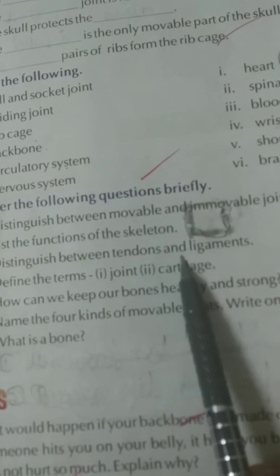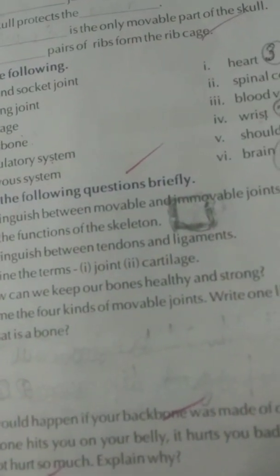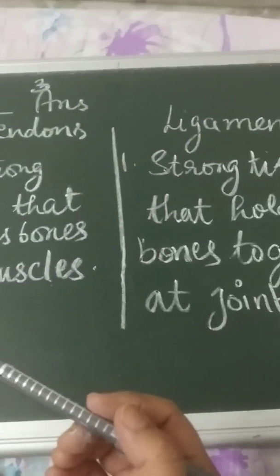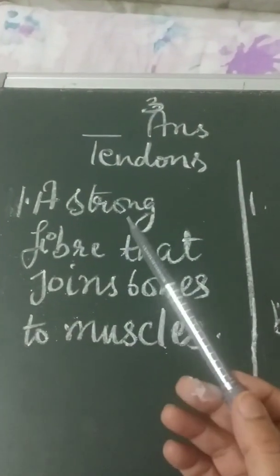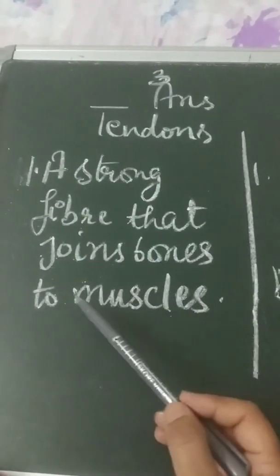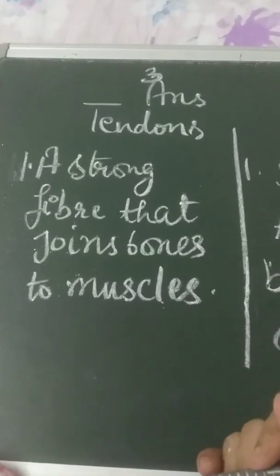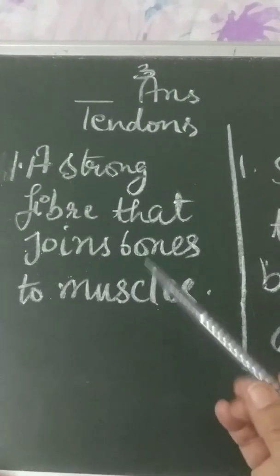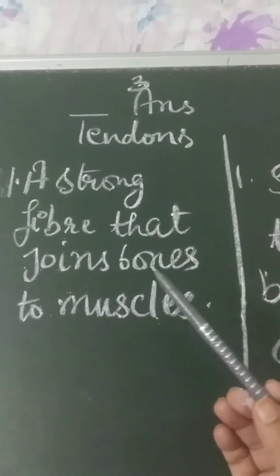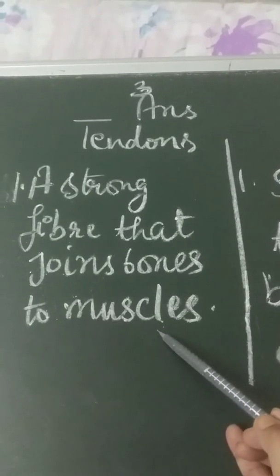Third question, note down. Distinguish between tendons and ligaments. Answer. Tendon, a strong fiber that joins bones to muscles.